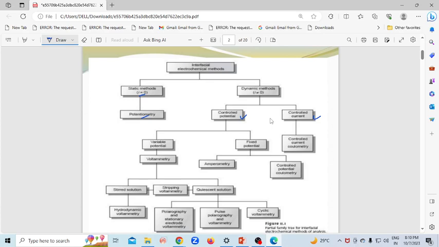Then with variable potential, in voltammetry, we change potential and observe current.